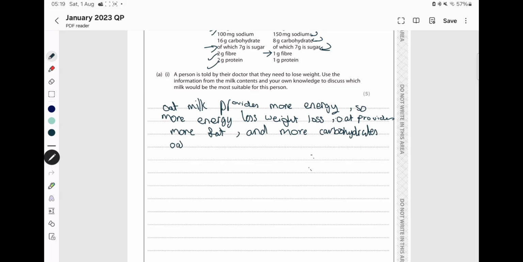We're gonna say that oat milk provides more protein and fiber, which prevent constipation.